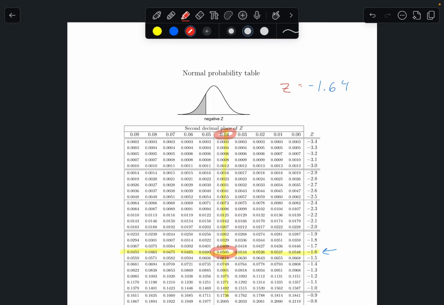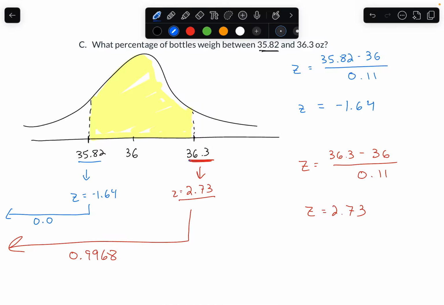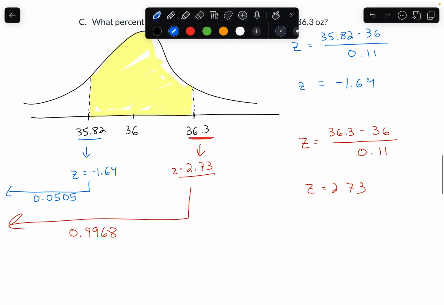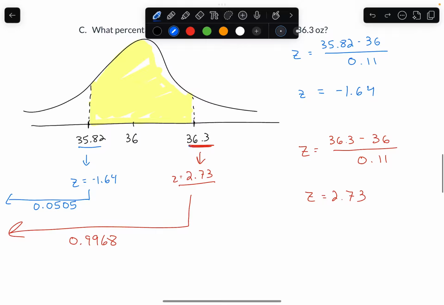So I know the area to the left of negative 1.64 is 0.0505. So to finish this problem up, if I want to know this area in this middle section right here, that highlighted yellow region, I'm just going to subtract these two areas.